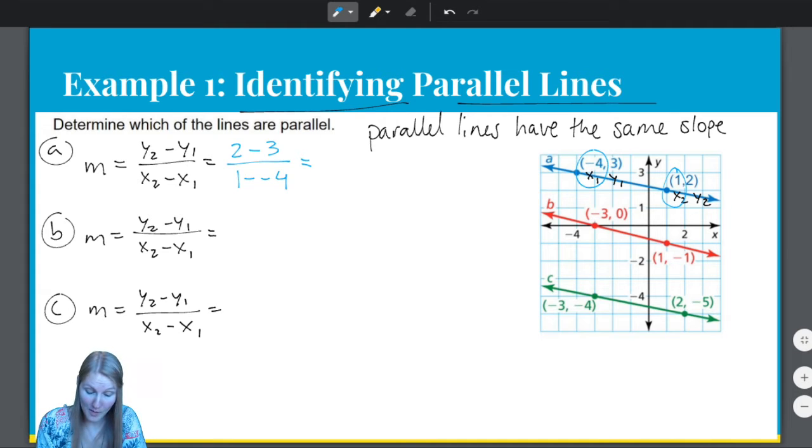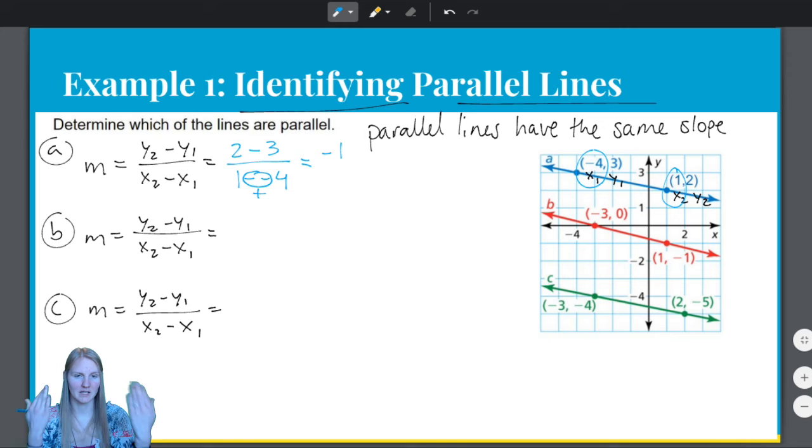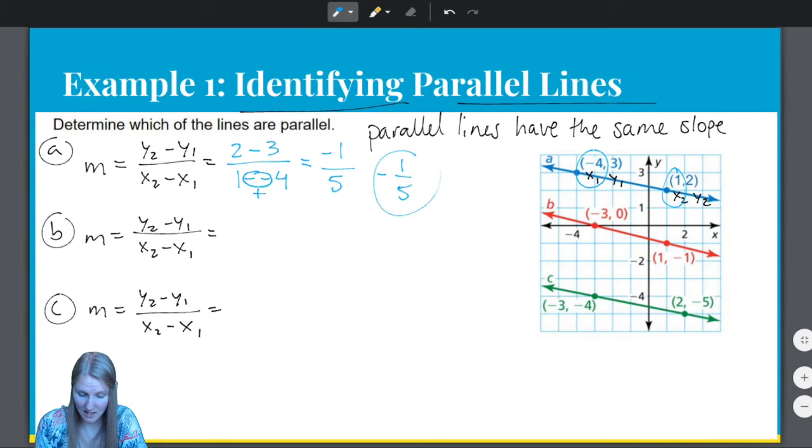Now, 2 minus 3 is negative 1. And 1 minus negative 4 is 1 plus 4, which is 5. So the slope of line A is negative 1/5.